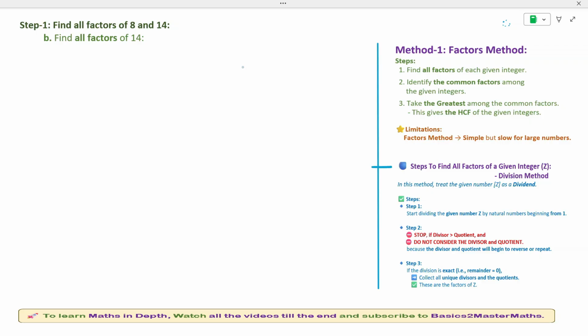Again, let us follow the same steps to find all factors of 14. Step 1. Start dividing 14 by the natural numbers beginning from 1. When we divide 14 by 1, we get 14 as the quotient and 0 as the remainder.